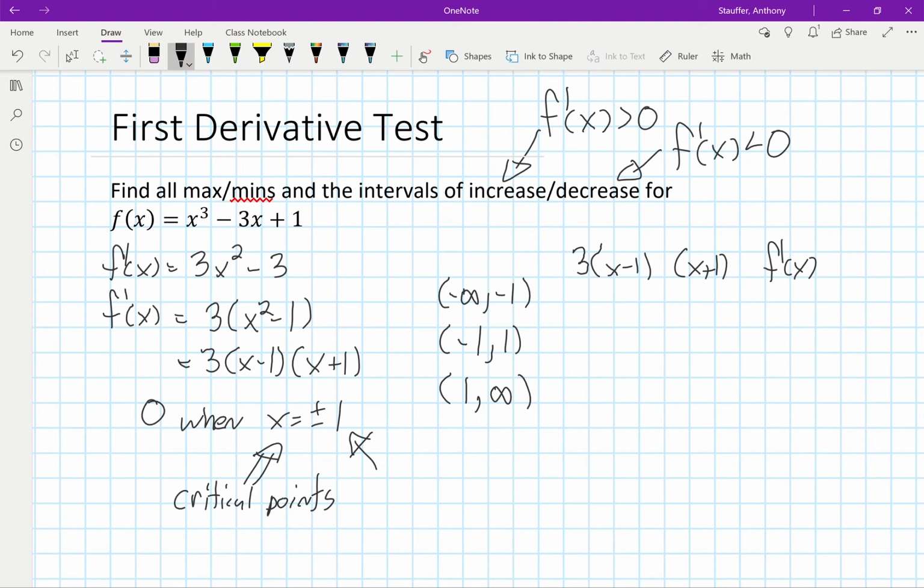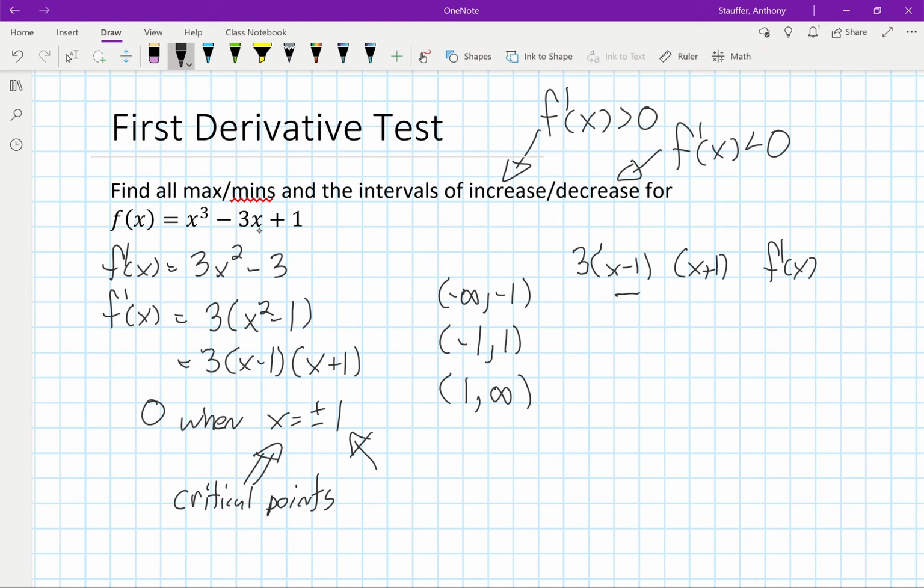So I'm going to test the positivity or negativity of this. How? Well, from negative infinity to negative 1, let's pick a number. I don't know, say negative 2. So 3 times negative 2 minus 1 is going to give us a negative value, so I'm going to write a negative sign right there.